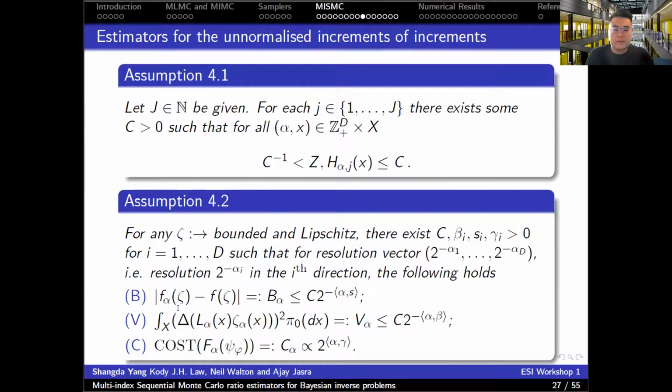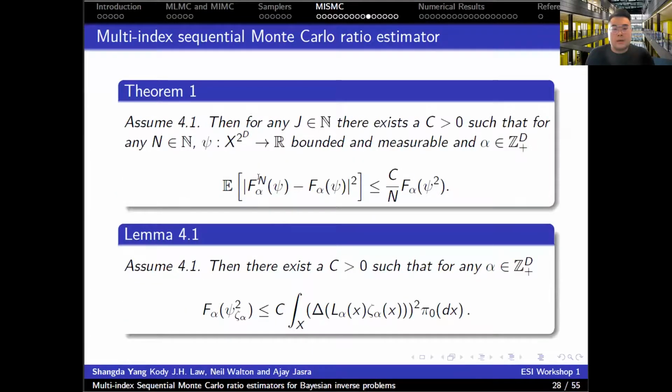So this bias is on the unnormalized targets, and this V, corresponding to the variance term, is also on the unnormalized targets with respect to the phi distribution.